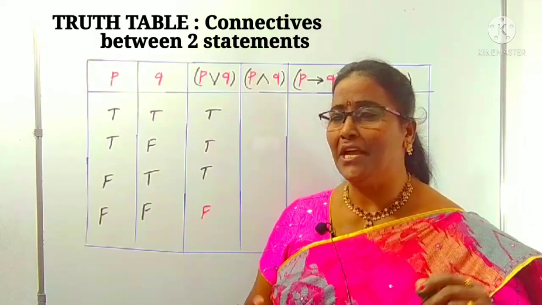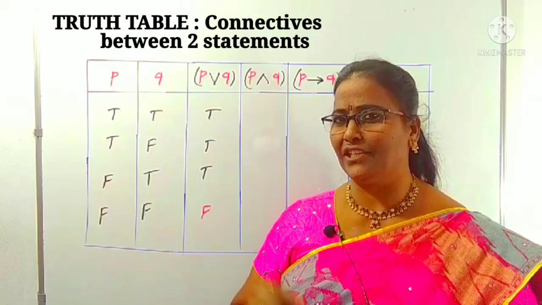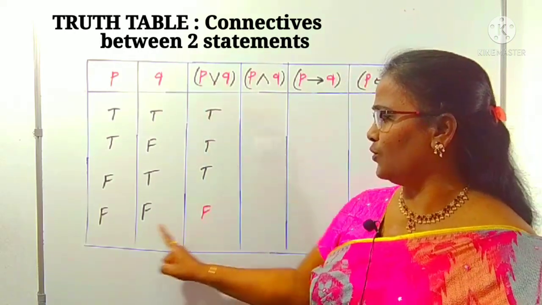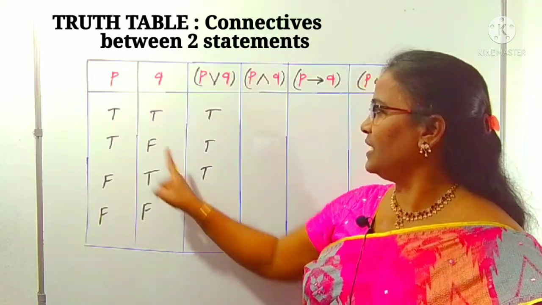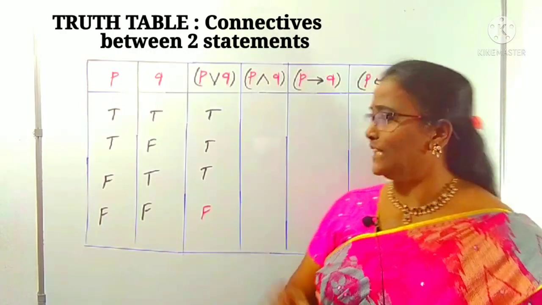Like that, you have to remember for these 4 connectors. What change do you have to catch? In case of OR, only when both are F is it F. Remaining are T.